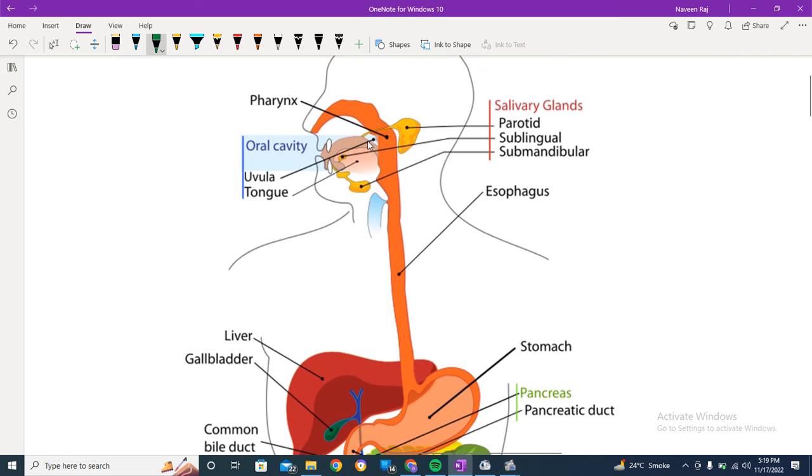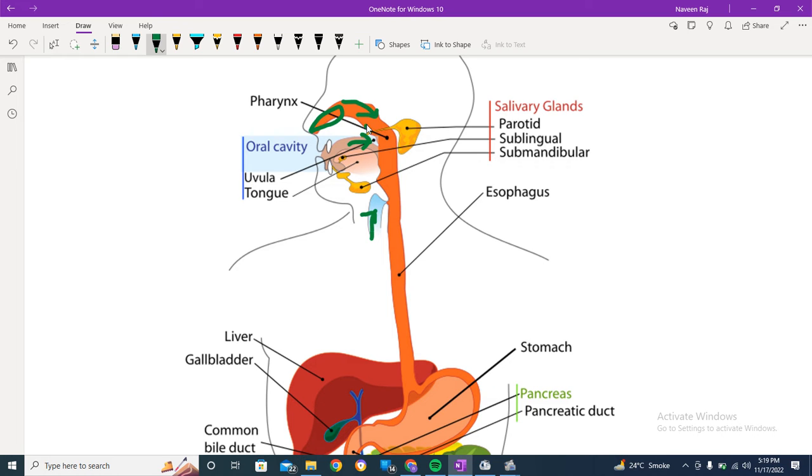Now this is the nasal cavity, and the nasal cavity's back part, the buccal cavity's posterior part, and the nasal cavity's posterior downward part, this is the larynx, and the larynx's posterior part is the pharynx.